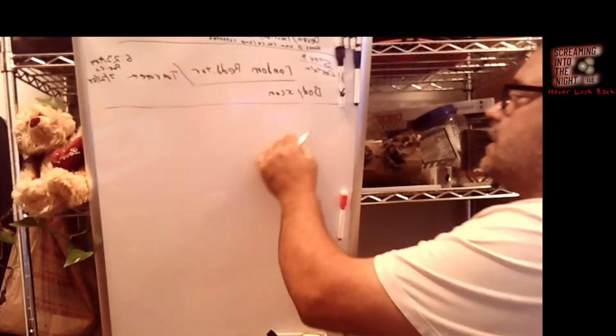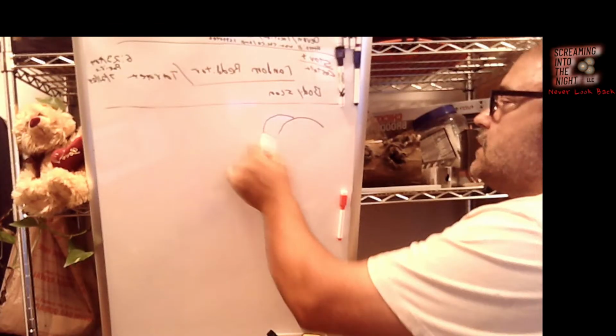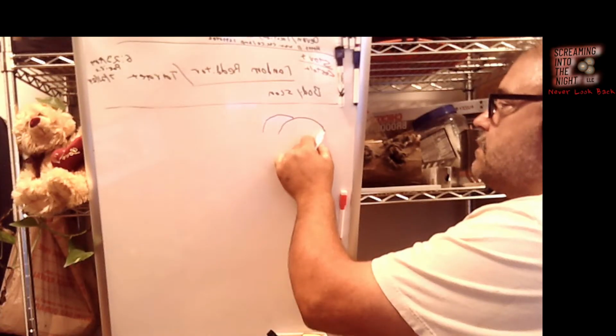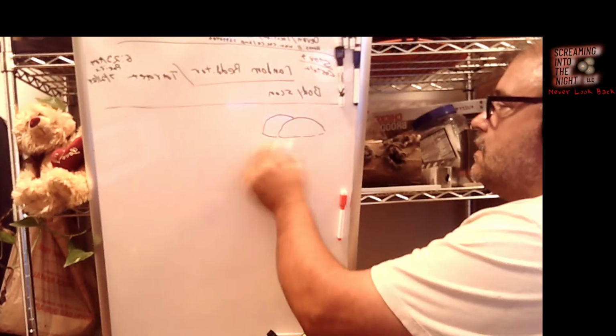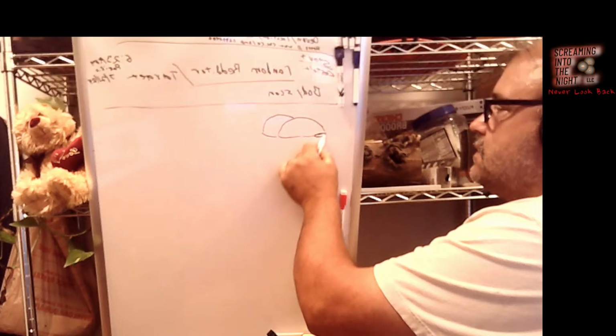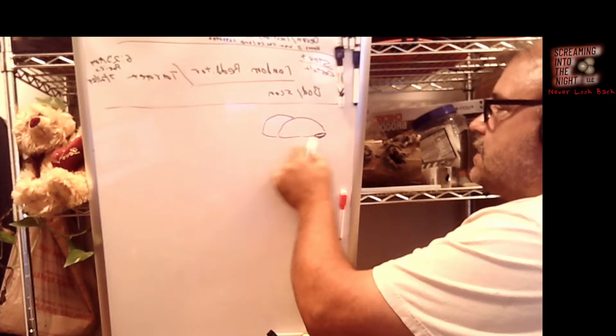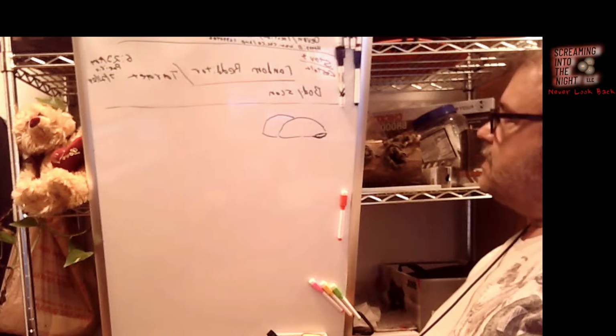So the first thing I like to do is draw a brain. Here is this lump, this portion of the brain that's behind. I like to draw those things.